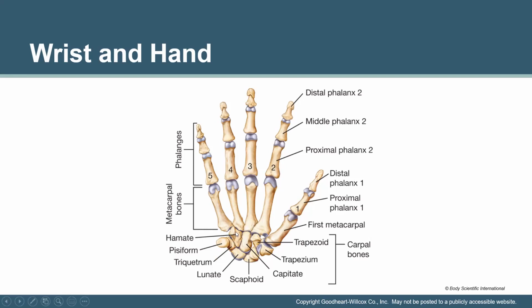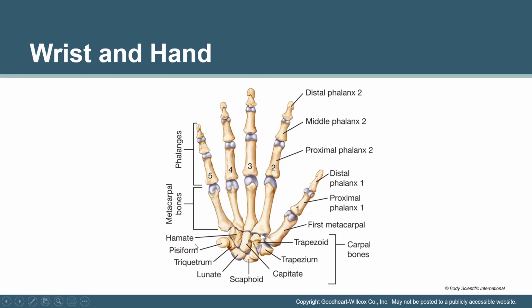So the carpal bones are your wrist bones. Then you're going to have what's called a metacarpal. They will be your hand bones. Then you will have phalanges. The entirety of your finger, and it has multiple sections, and we'll talk through that in a second, are phalanges.